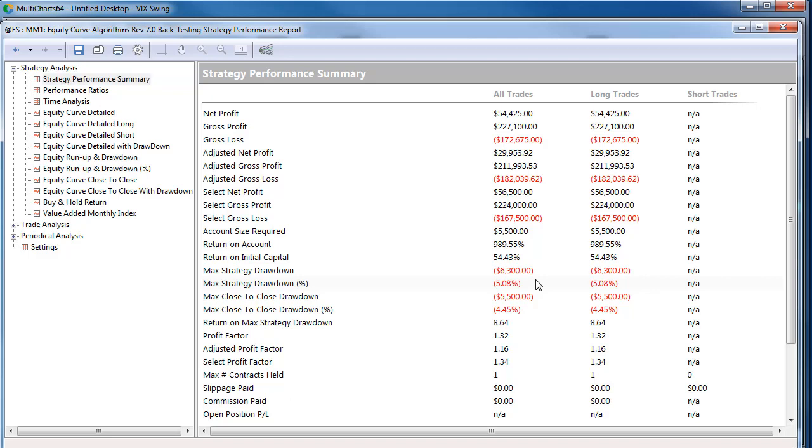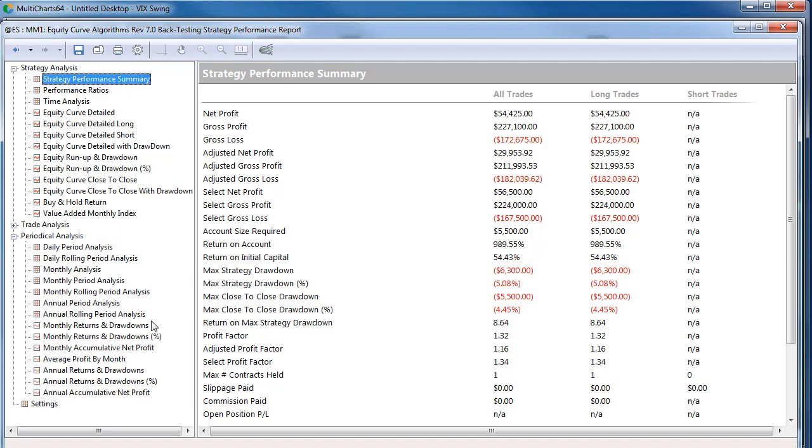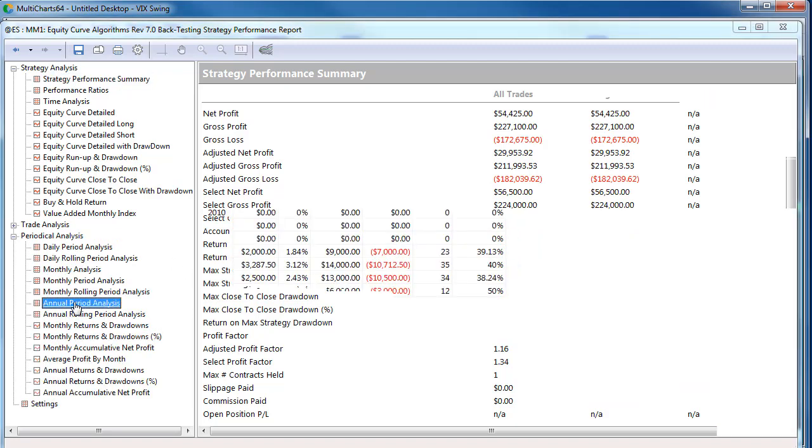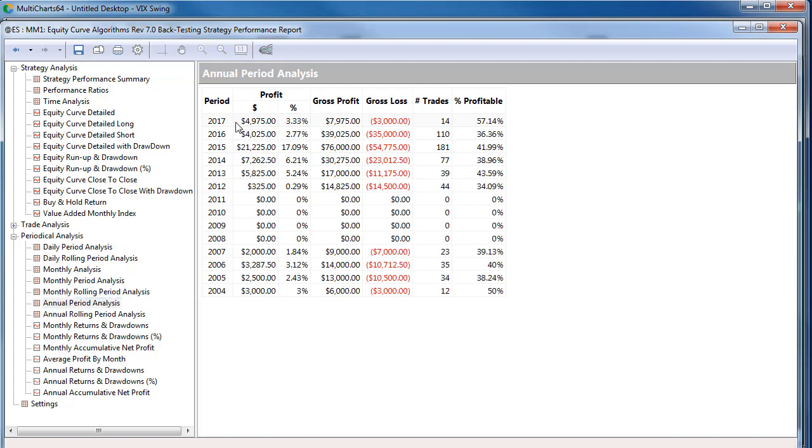The max strategy drawdown is 6,300, including open equity trades. But you do get trades, and if you look at the annual period analysis, 2017 is up 49.75 on 14 trades. So that is over $300 a trade, about $350 a trade in 2017.